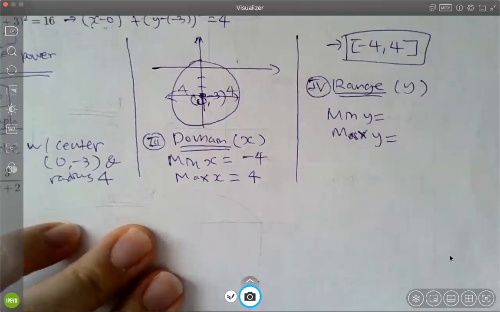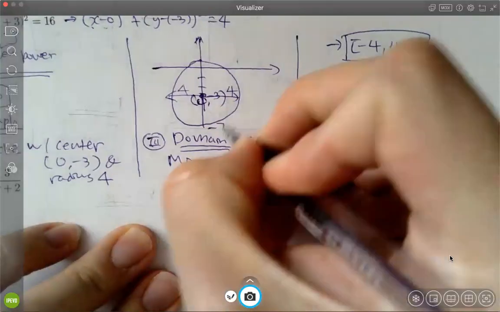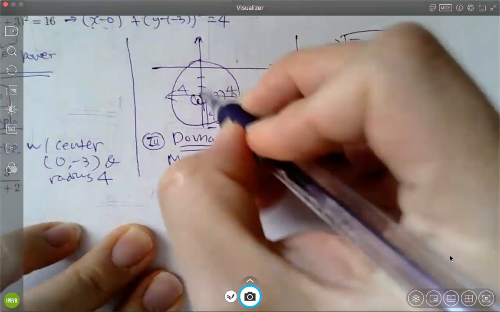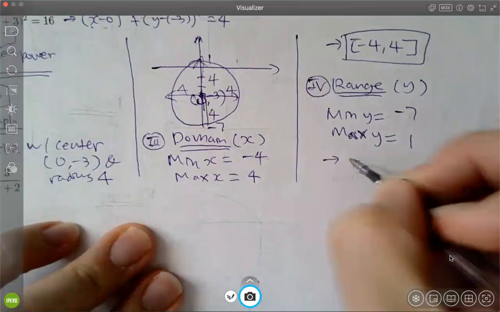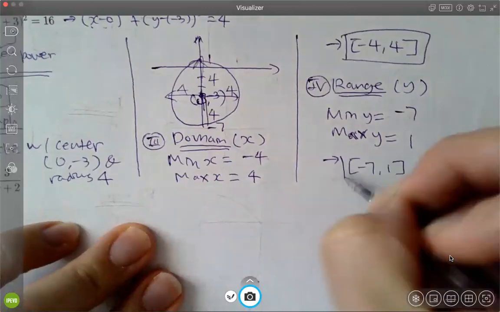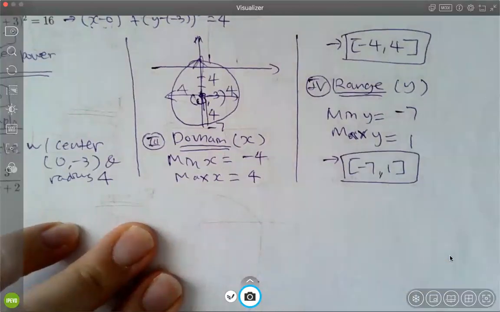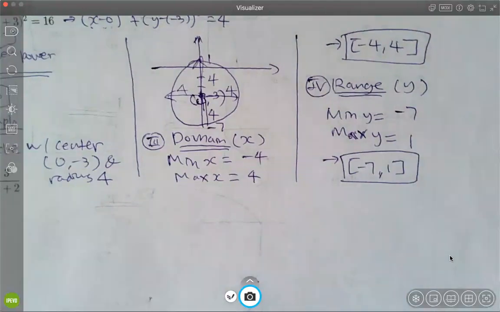And maximum? +1. Yes. Okay, so -7 and 1. So that means bracket -7, comma 1 is the range. Okay, so even though we don't have the square root and the rational function here, the domain and range are not everything because of the circle.